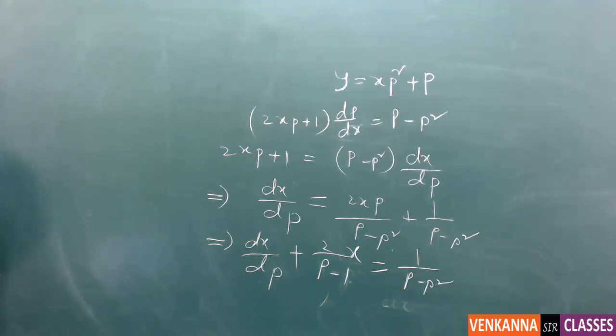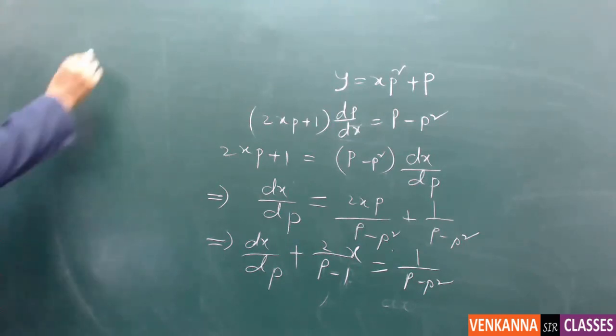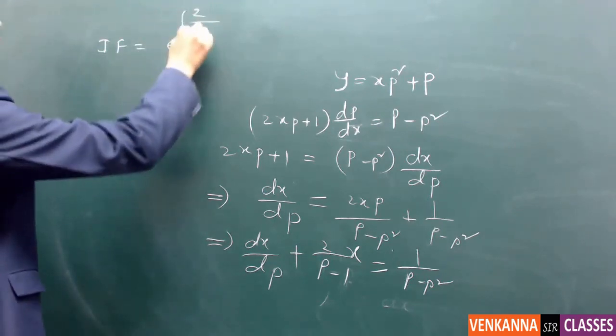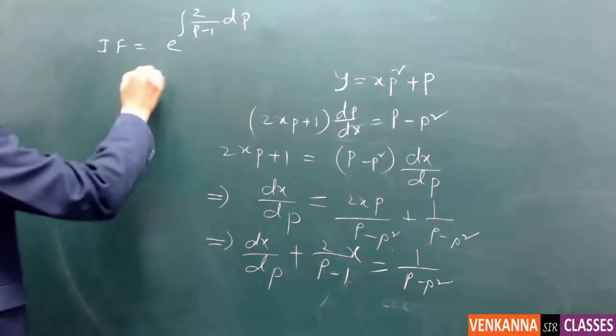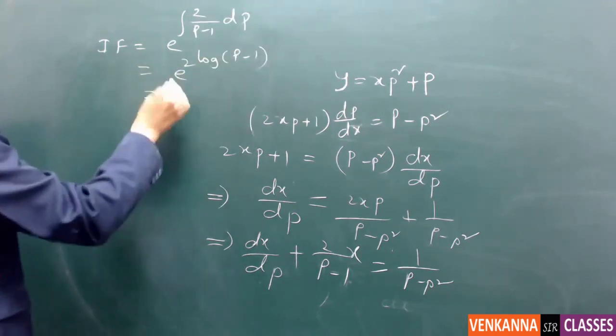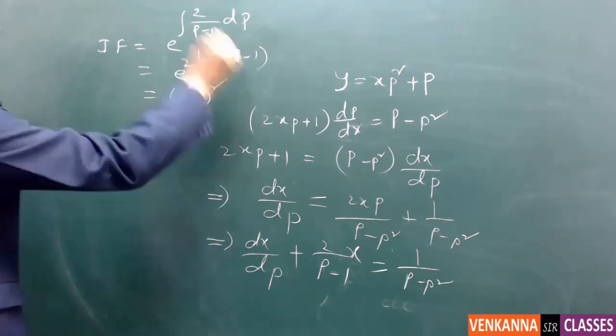All of you, any queries? So we are going to solve it under the linear model. We take the integrating factor: e power integral 2 by p minus 1 dp, so e power 2 log of p minus 1. So p minus 1 whole square is the integrating factor.